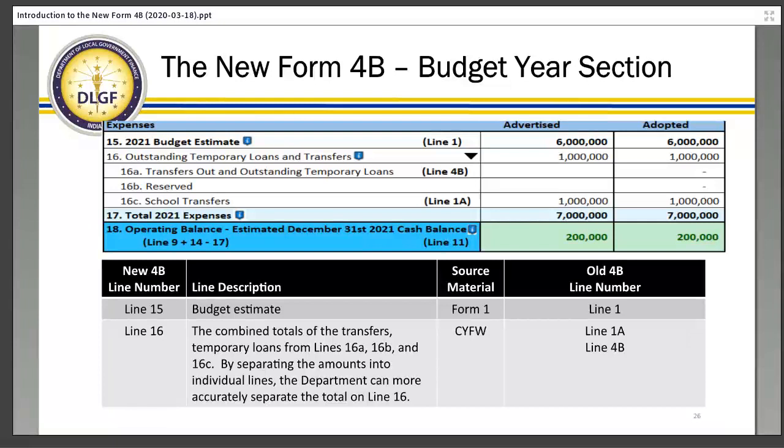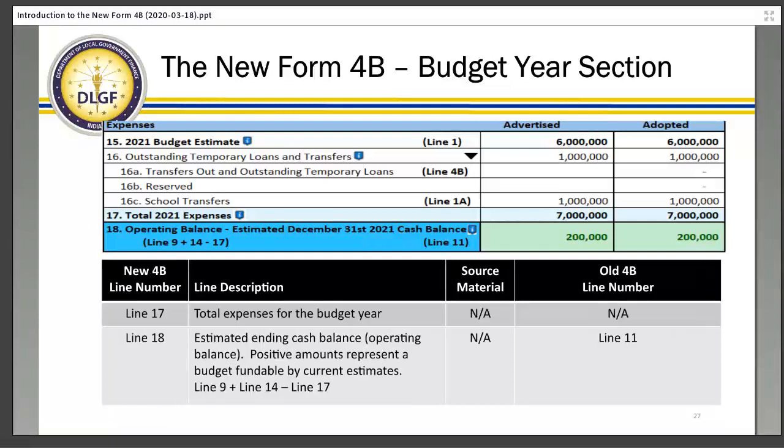We're going to summarize it all together so we can ultimately arrive at a single amount representing those outstanding temporary loans and transfers total. Line 17 gives us our subtotal for the expenditures. So in this case, the $6 million worth of budget, the $1 million worth of temporary loans, $1 million worth of school transfers tells us that the planned expenditures during the following 12 months is up to $7 million.